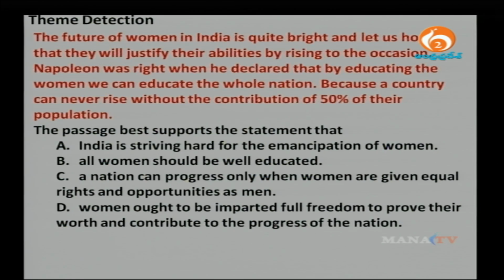The passage best supports the statement that India is striving hard for emancipation of women, all women should be well educated, a nation can progress only when women are given equal rights and opportunities as men. Women ought to be imparted full freedom to prove their worth and contribute to the progress of the nation. Please read carefully, you will find the answer.